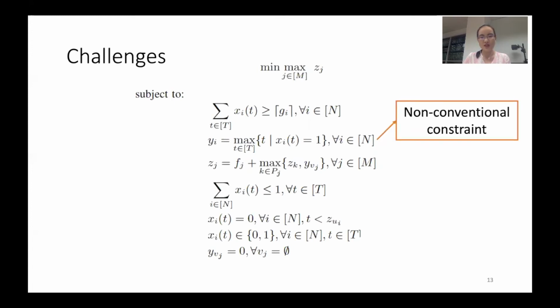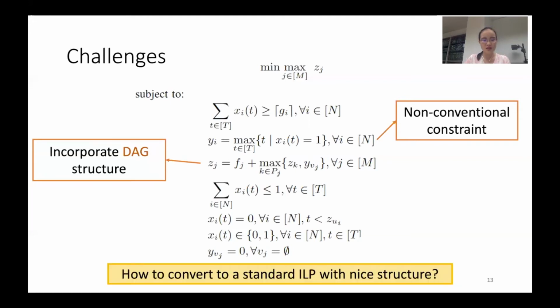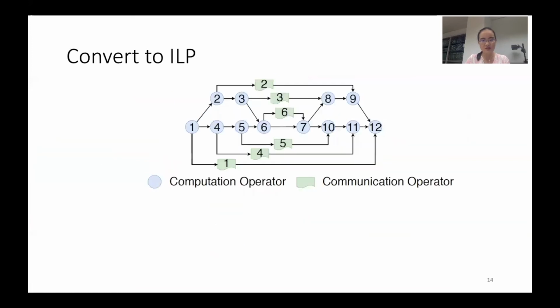We have some non-conventional constraints for the completion time of the all-reduce operator. And the completion time of the computation operator is incorporated with the DAG structure. So we need to consider how to convert it to a standard ILP with a nice structure first.